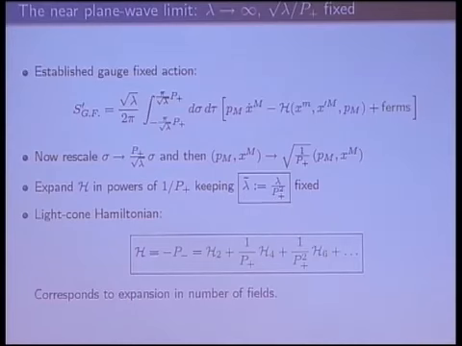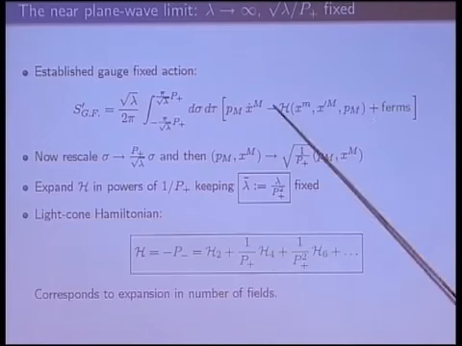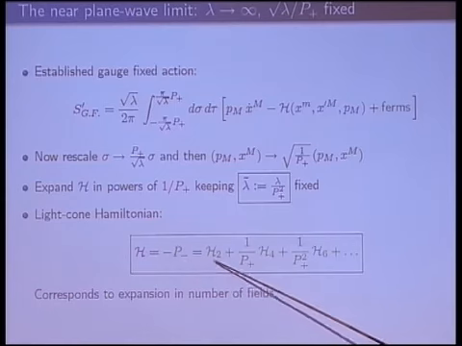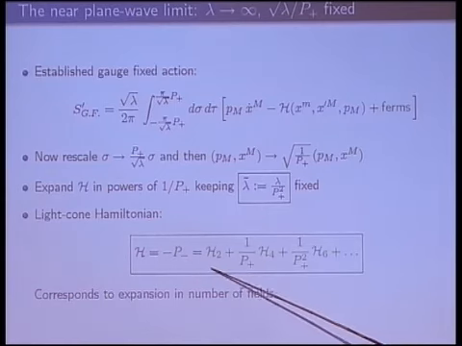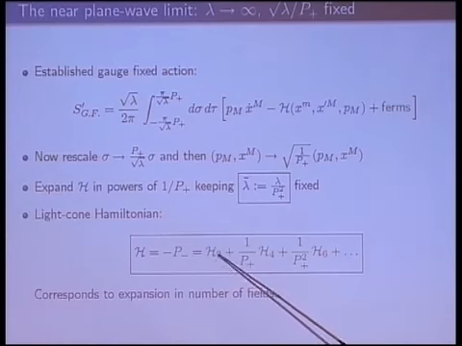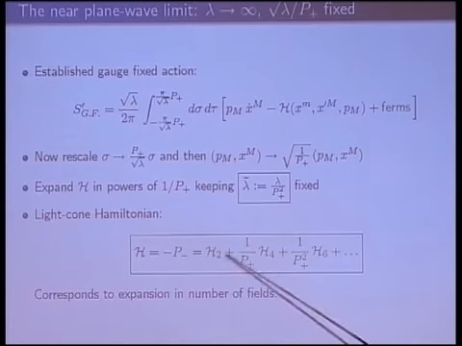And this is the near plane wave limit, because in this limit one sees that the Hamiltonian turns into, in leading order, just a contribution from its quadratic pieces, which is exactly the plane wave light cone Hamiltonian, the Hamiltonian of a plane wave light cone string, and then you have corrections in 1 over p plus of higher and higher orders in the fields.